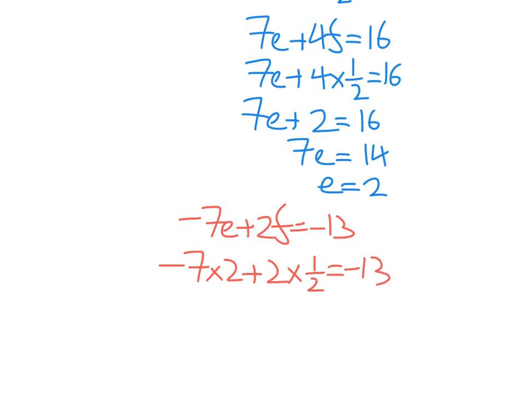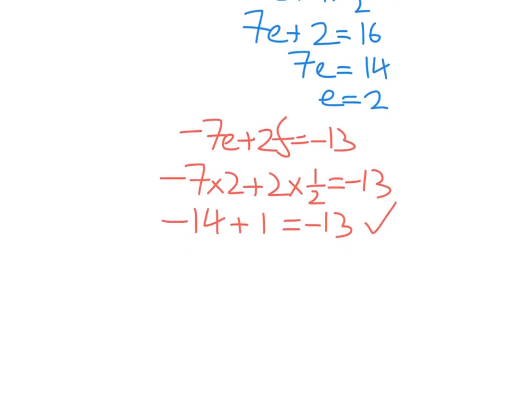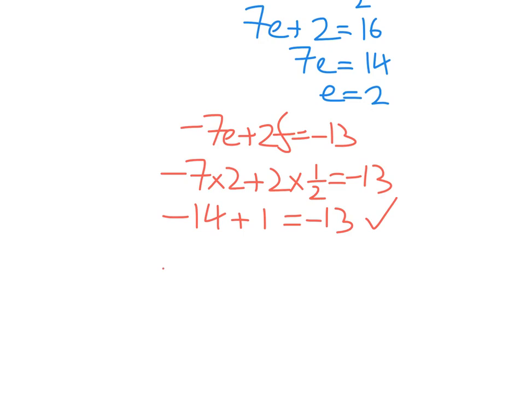So on the left-hand side, I'm going to get negative 14 plus 1, and negative 14 plus 1 is negative 13, so I have got the right answer. So the last thing I want to do is just write out my answer here, and I've got e equals 2 and f equals a half.